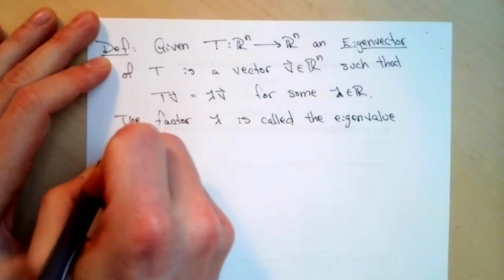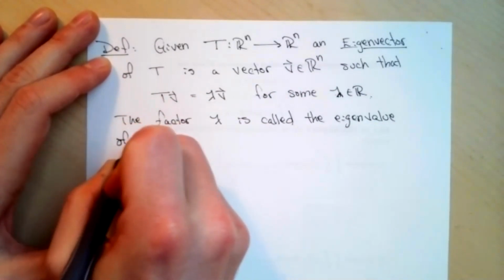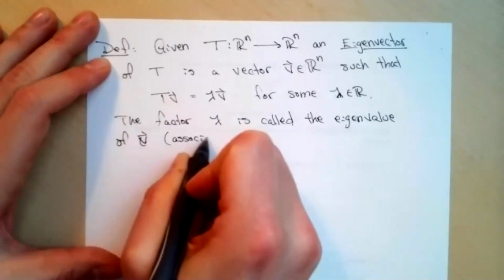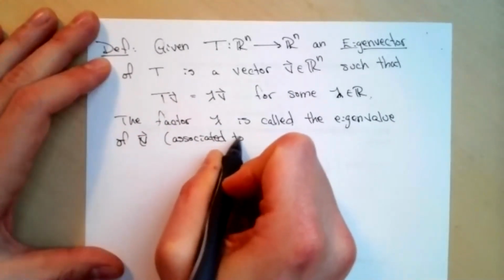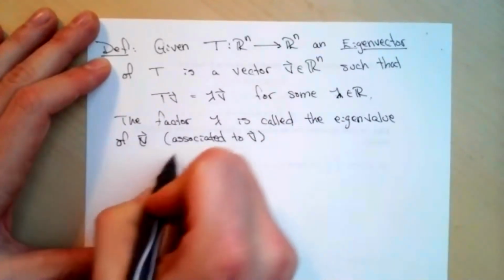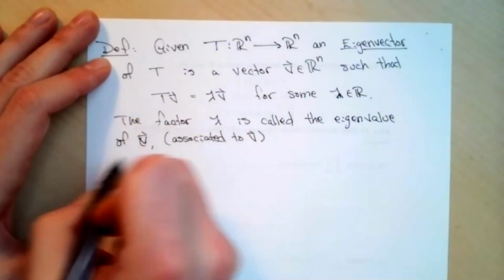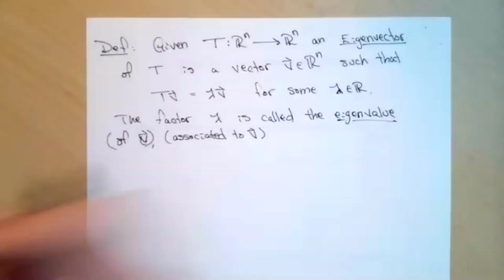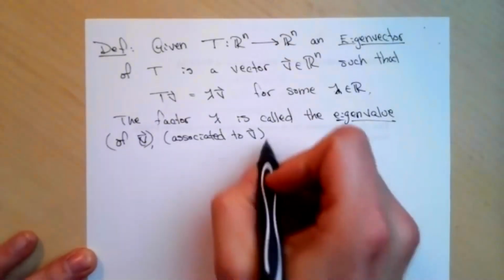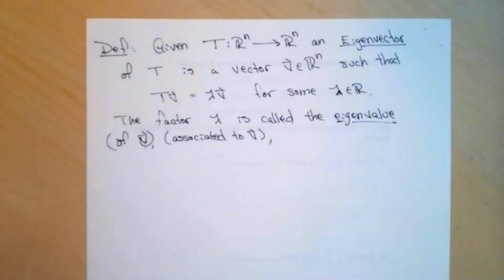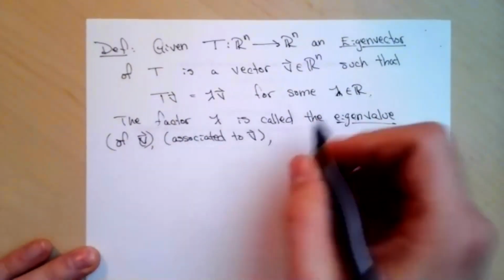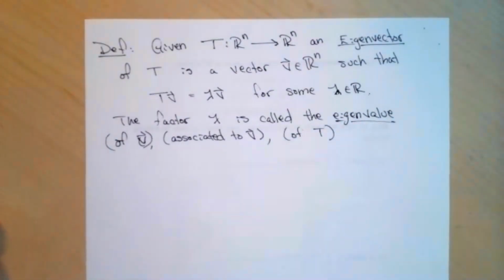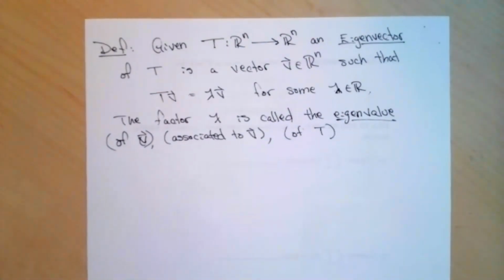We can call it the eigenvalue of V, or we could say the eigenvalue associated to V. Sometimes when we're just looking at eigenvalues in general, we also just call it an eigenvalue of T, of the linear transformation.